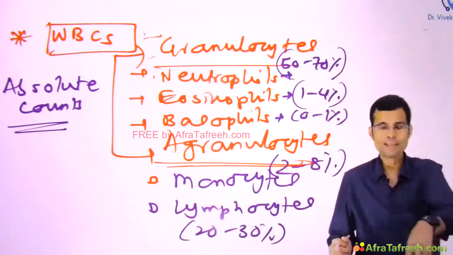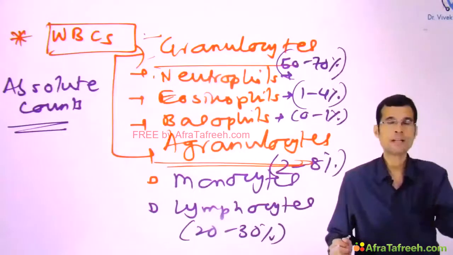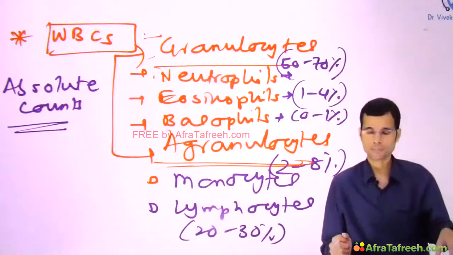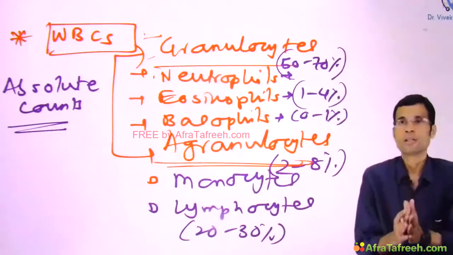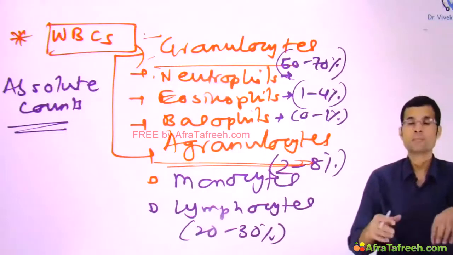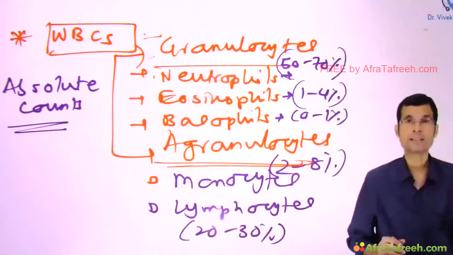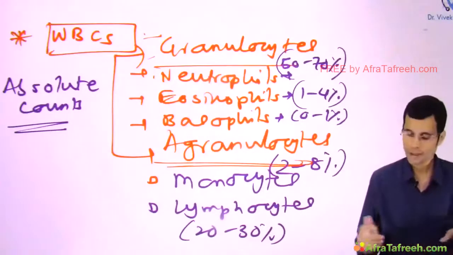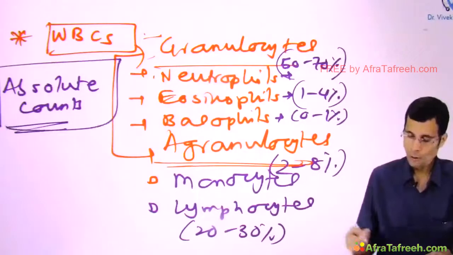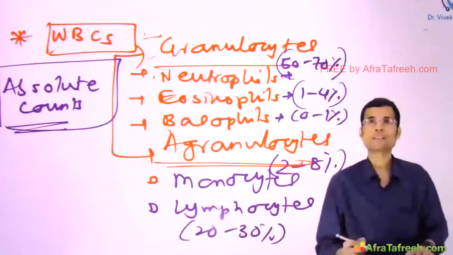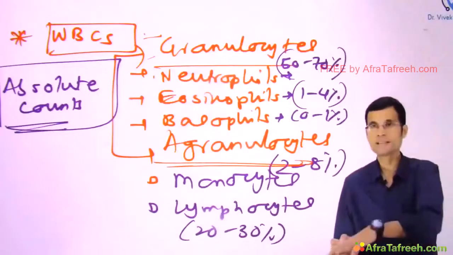So, if one cell has increased, there would be a relative decrease in the number of other cells. Therefore, to avoid misjudging whether one cell has increased and the other cell actually has decreased or it's a relative decrease, we also take absolute counts of these cells apart from these relative percentages.